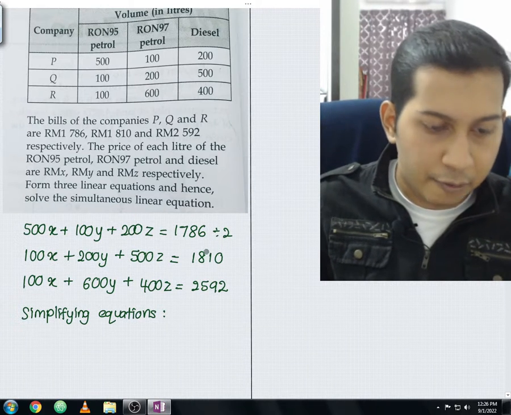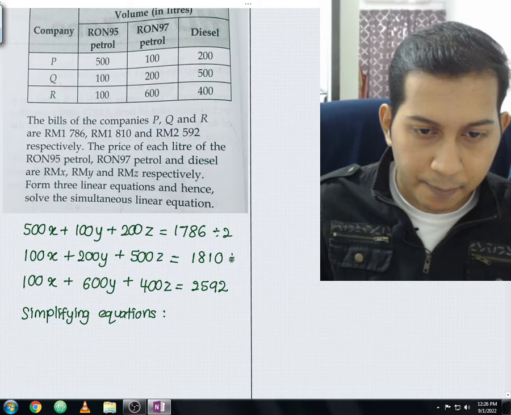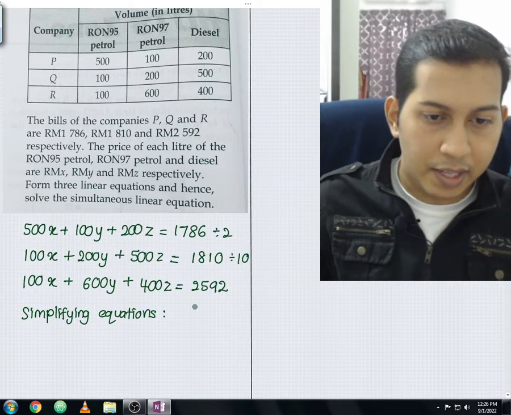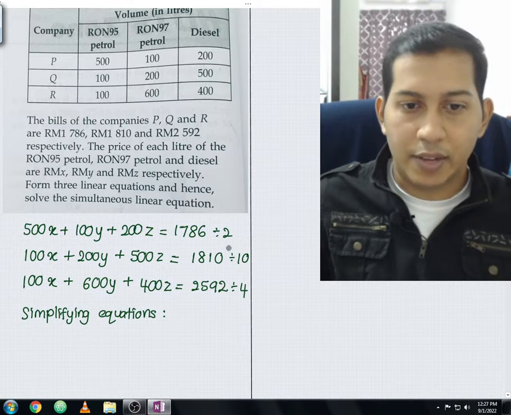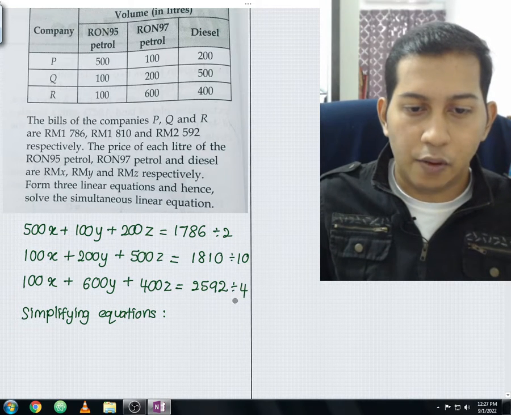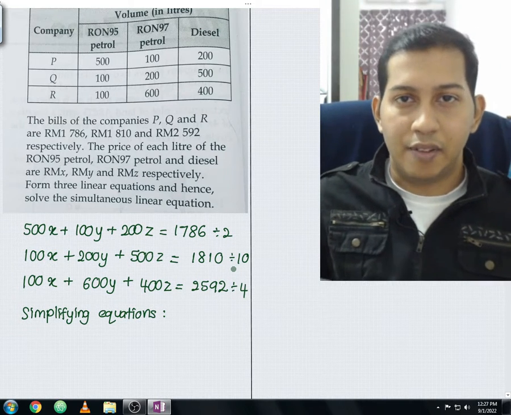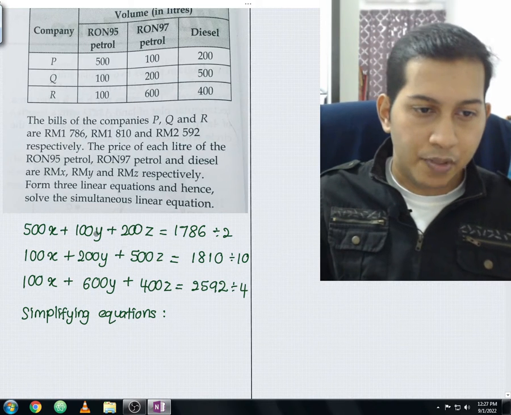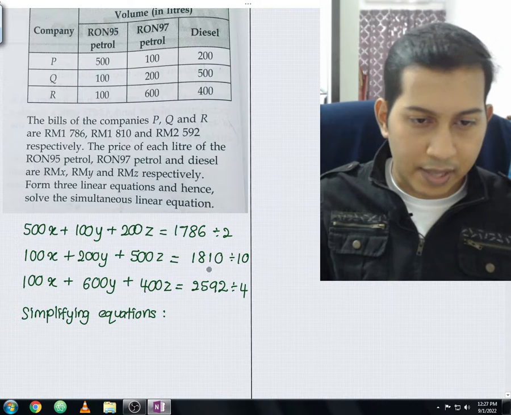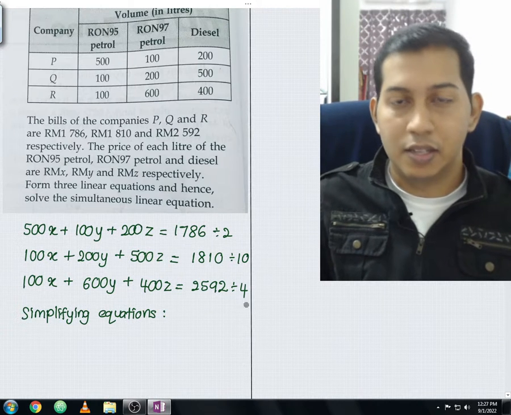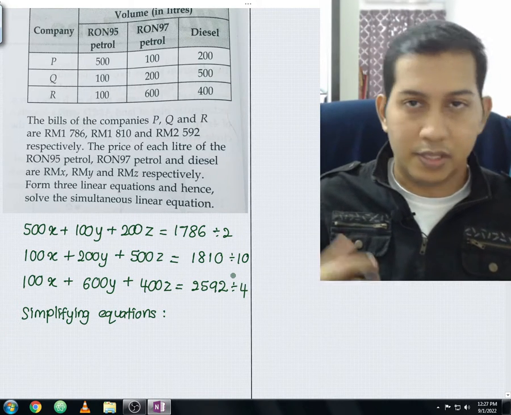The second equation, you divide with 10. And the third equation, you divide with 4. In case you ask me, how did you get this 2, 10 or 4, you use the HCF, highest common factor. So the HCF for the first equation is 2, for the second equation is 10 and the third equation is 4. So simple concept, guys.